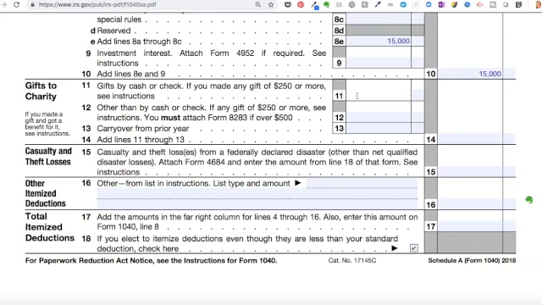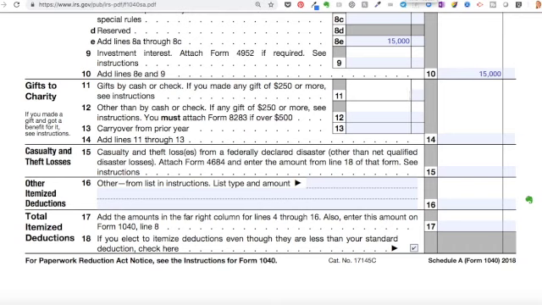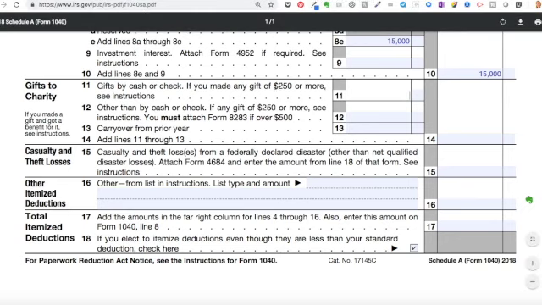Now, the rules for charitable giving get quite complicated as well, because people can give cash, checks, right? They could make a donation by credit card, whatever, or they could give stuff like property, investments. And so the rules are different when you're giving stuff. When you're giving cash or check, as long as it's under $250, you can essentially deduct it.